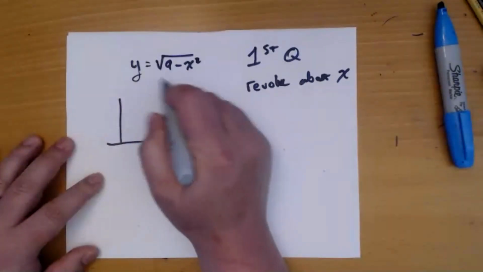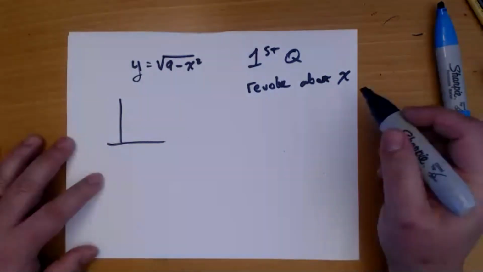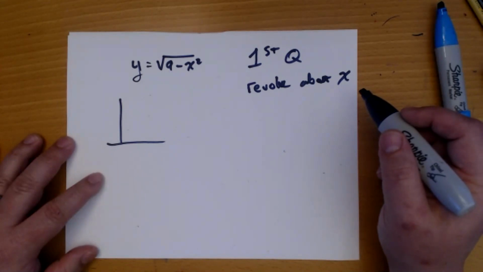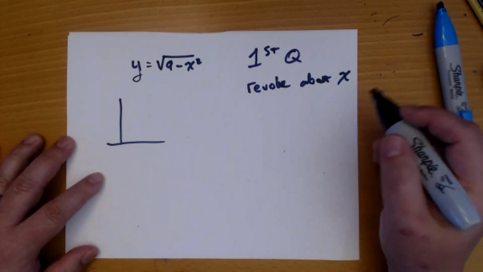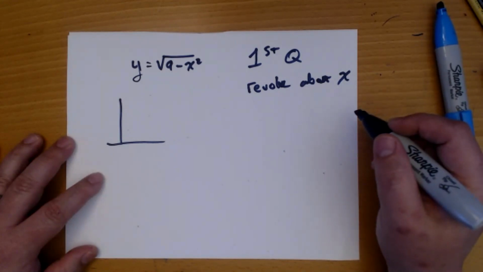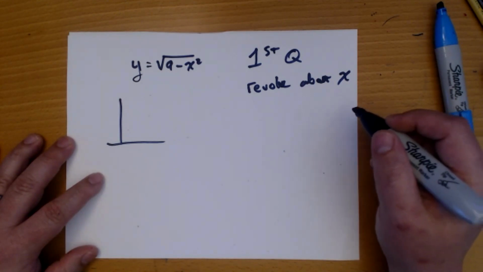Does anybody know what shape this is, by the way? It's got a name. This is a circle.